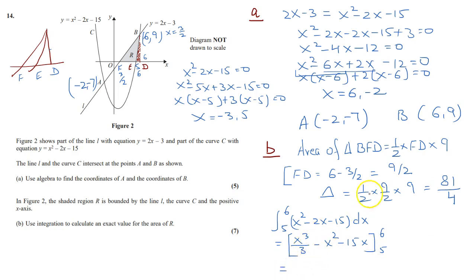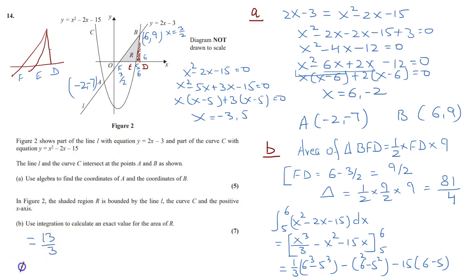So this will be equal to 1 over 3 times 6 cube minus 5 cube, minus 6 square minus 5 square, minus 15 times 6 minus 5. So if you calculate it, it will be 13 over 3.